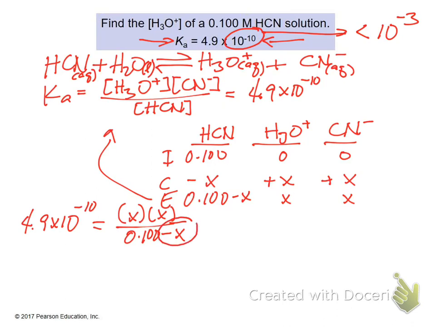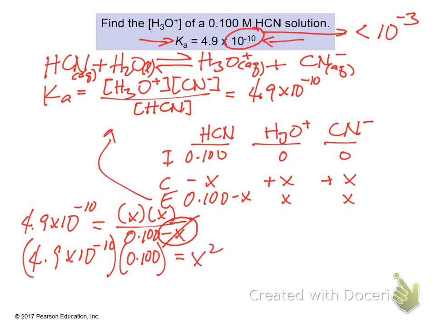So we can use the approximation method. So that will simplify the math by a whole lot, okay? So then you do the math here. So we have 4.9 times 10 to the negative 10 multiplied by 0.100 equals x squared.